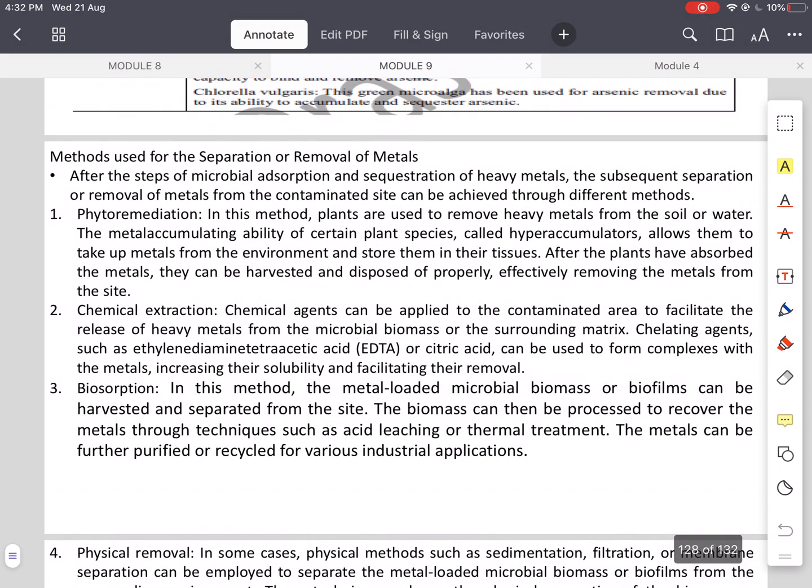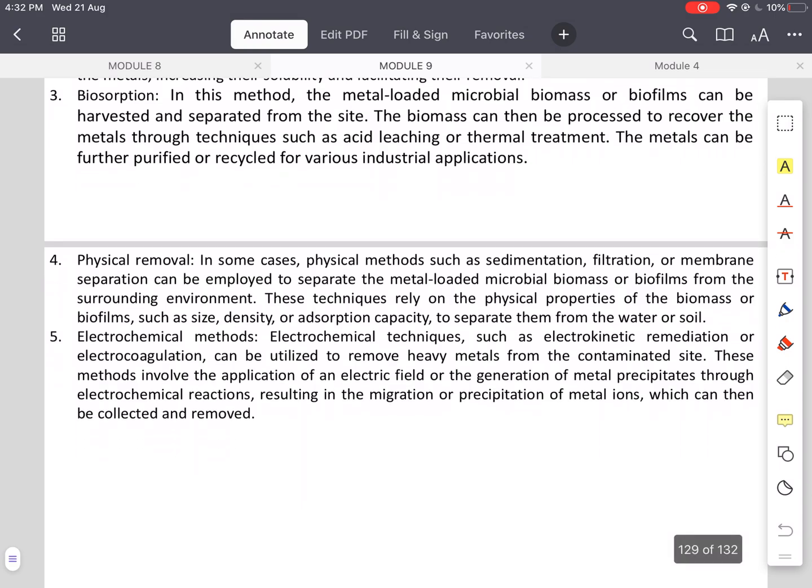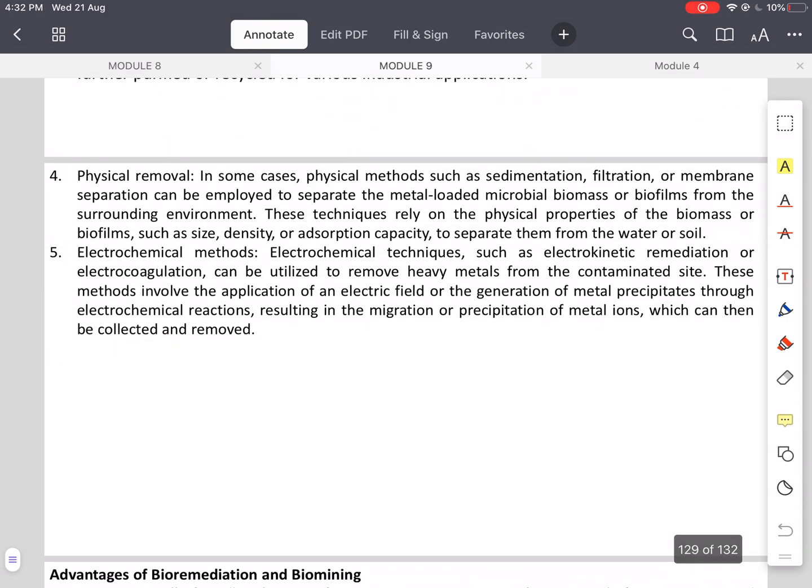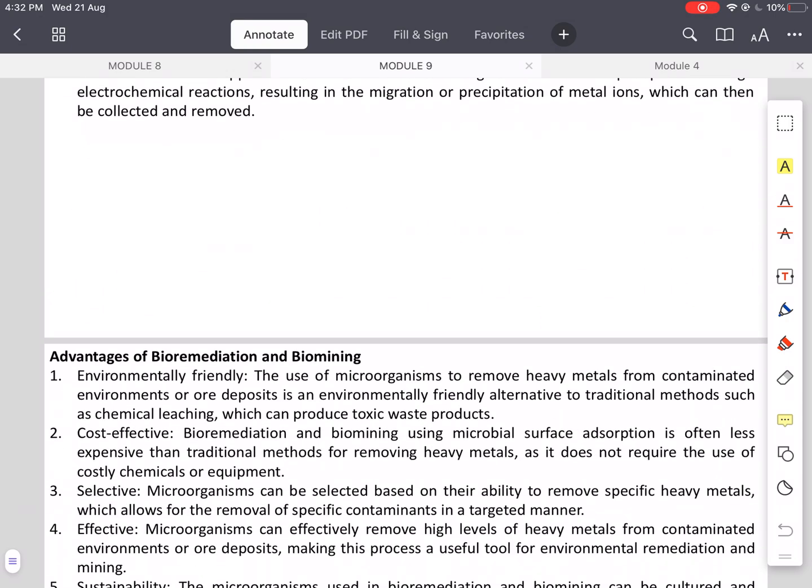How do we separate these metals? First, phytoremediation using microorganisms, then chemical extraction, biosorption, physical removal, then electrochemical methods.